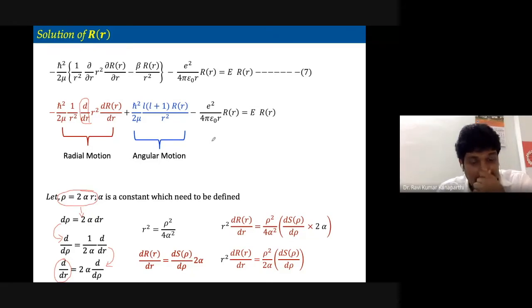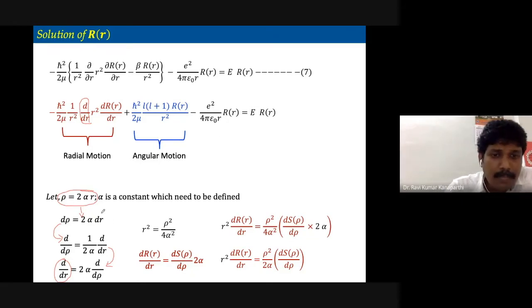The next one: what is r? R is nothing but rho by 2 alpha from this expression, and then r square becomes rho square upon 4 alpha square, right? This is fairly easy to guess.